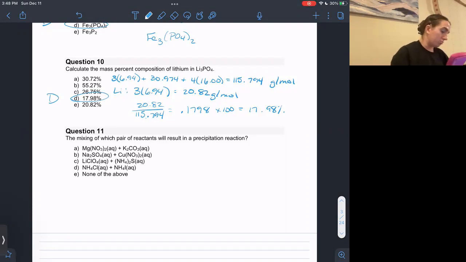Awesome. Moving on, we have: the mixing of which pair of reactants will result in a precipitation reaction? Okay, so let me go find the solubility chart from exam 3, I believe it was. Again, I probably should have had this one pulled up, but we live and we learn.